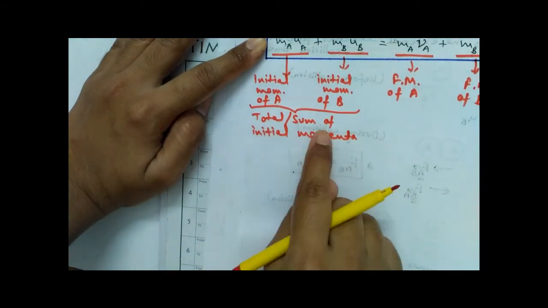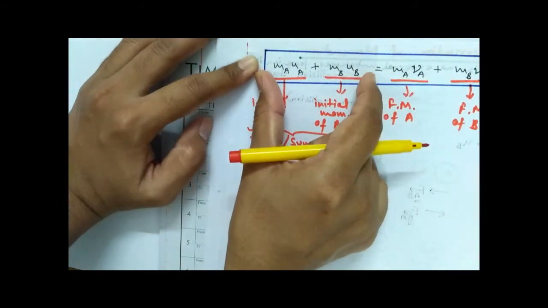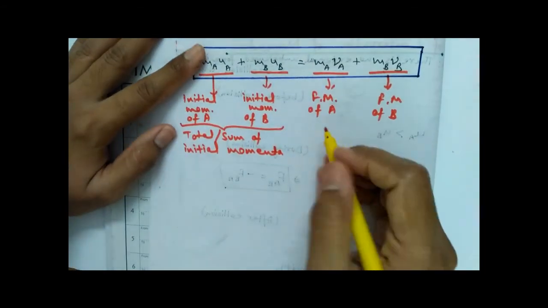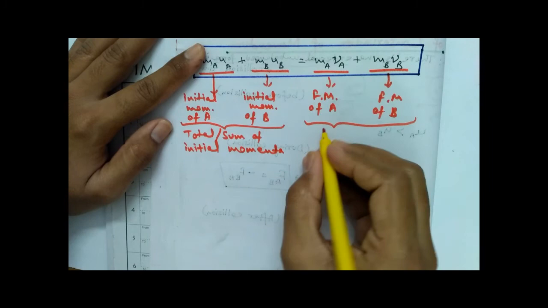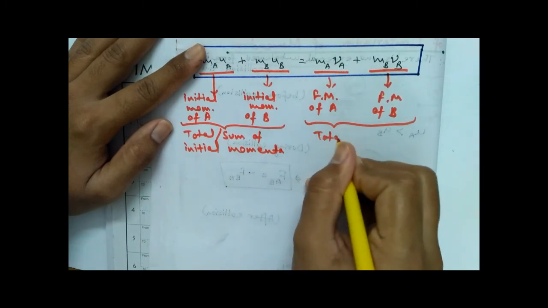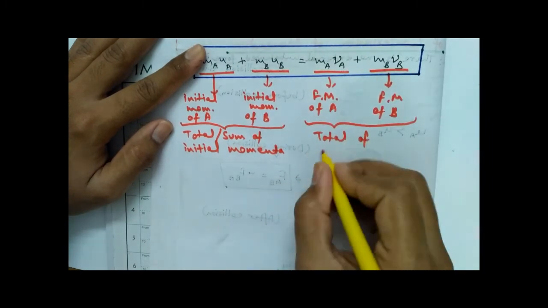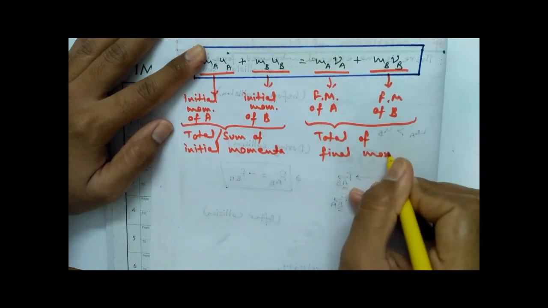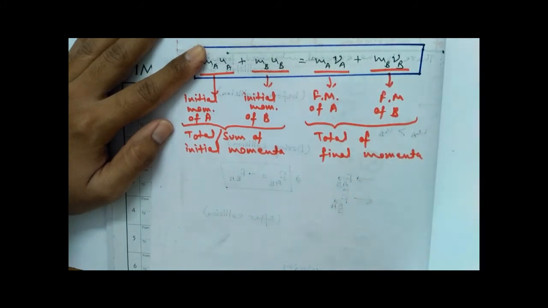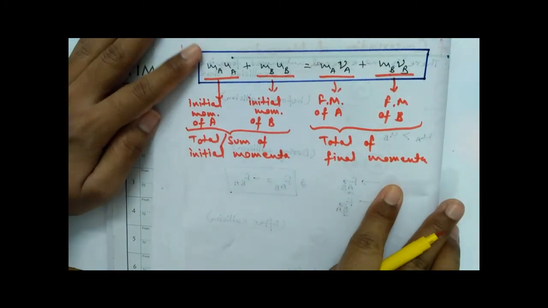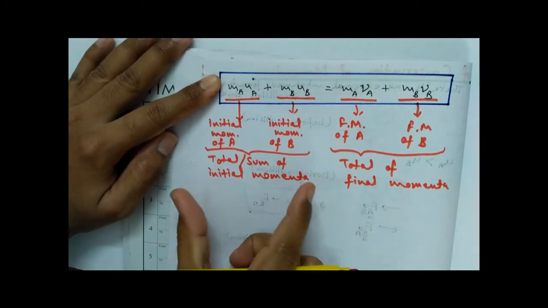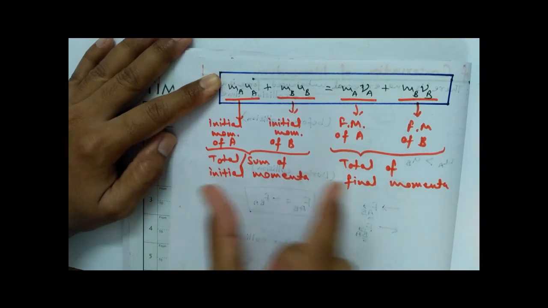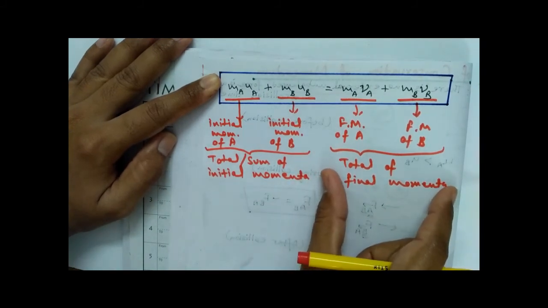This is the sum of initial momenta of a and b. And this is the total or sum of final momenta of a and b. So what does this mean? It means that the sum of initial momenta is equal to the sum of final momenta.